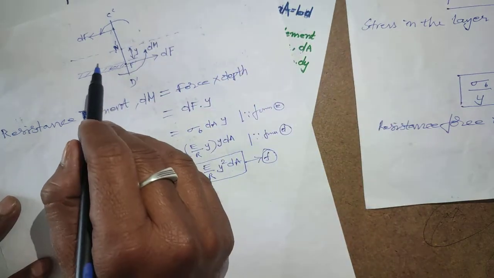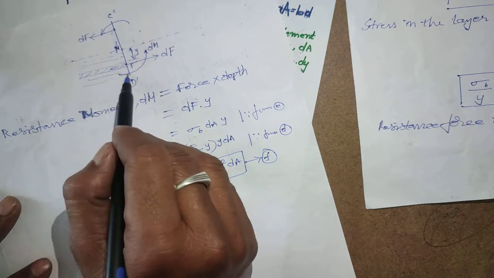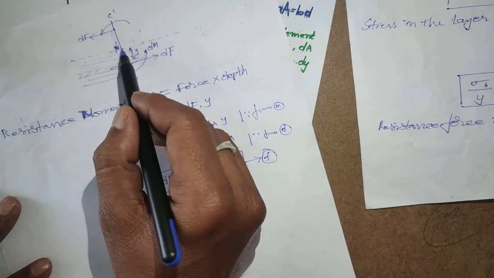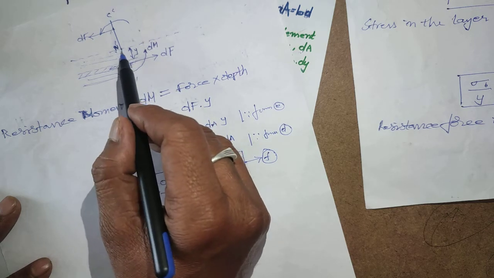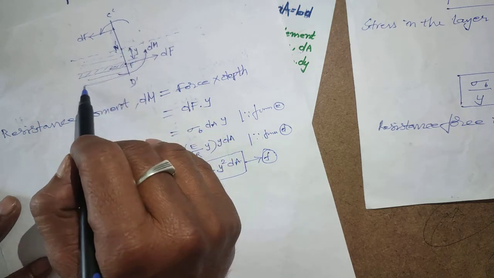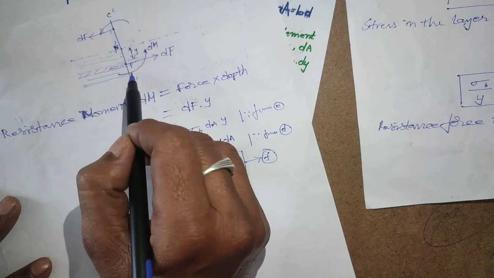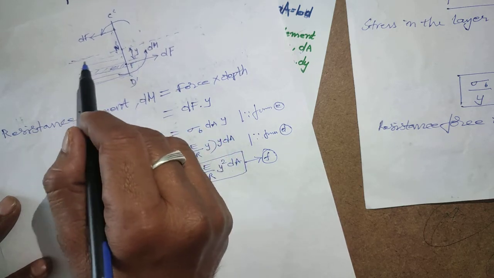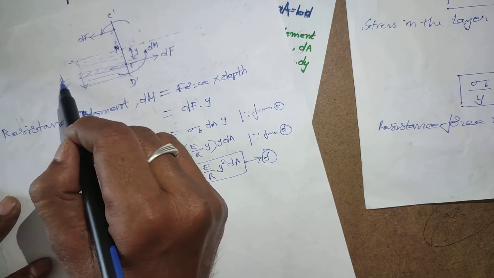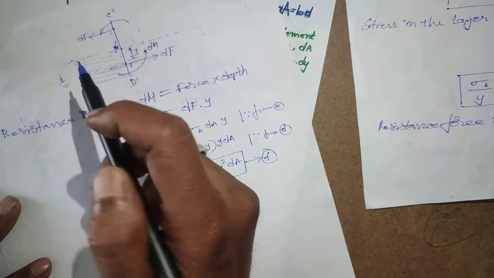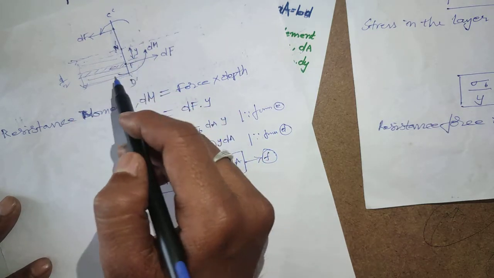So add all such layers, limiting from n dash to d dash. What is here? 0. What is here? Total y, that is y. Y is varying up to here, that is d by 2. We don't know what d is, that's why we take it as a variation. This is varying, that is called y.